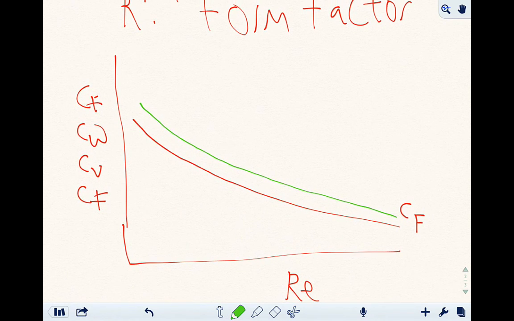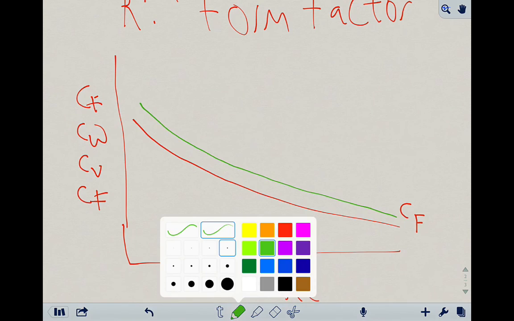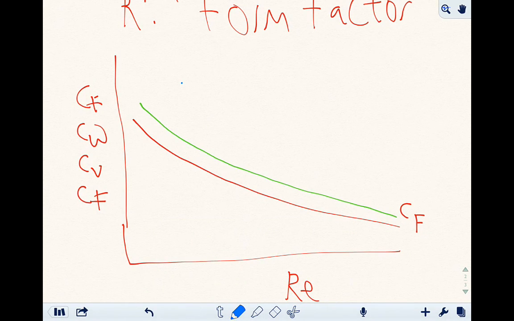So that's multiplied by 1 plus k. It's not the same as a constant addition as it essentially was with the Froude case. It's a multiplicative factor. So if I test my model, and let's say I get a total resistance coefficient right here, this blue smudge right here. The difference between that and the green line is going to be the wave drag. So here's your wave drag on the model, CWM.